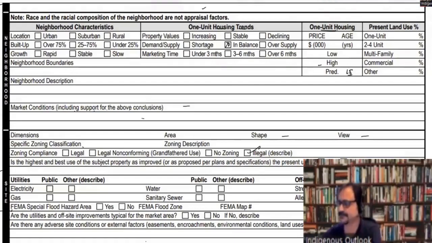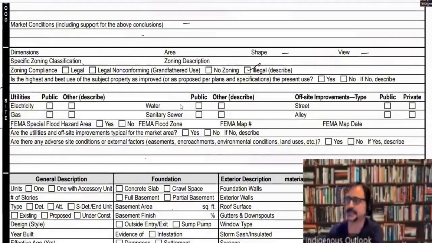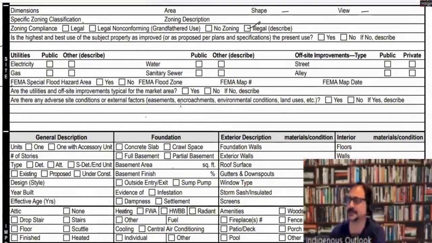Very nice. Now the next is the highest and best use of the subject property, as improved or as subject? The present, right? So if it's an industrial area and the property is being utilized as residential, is that the best use of the property?